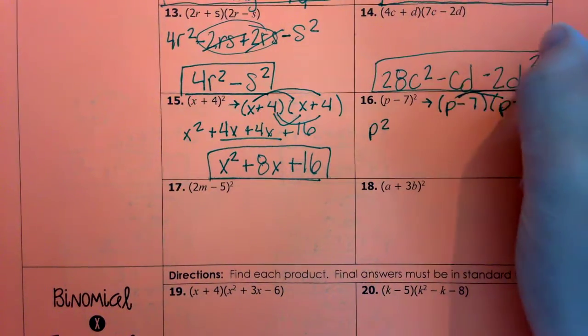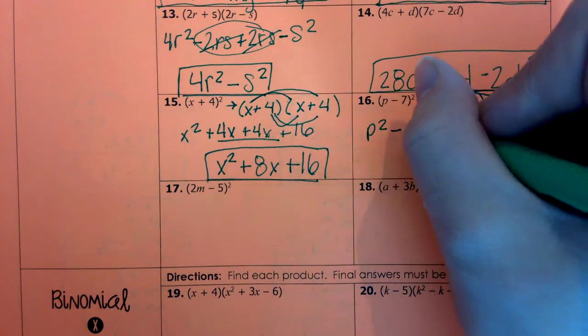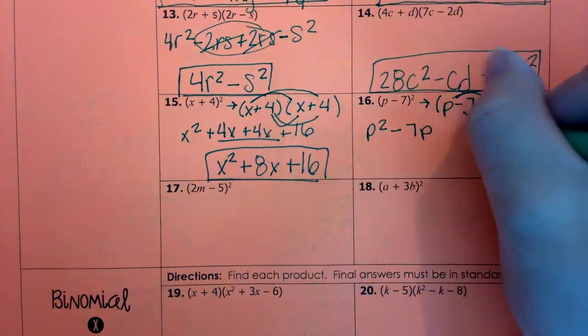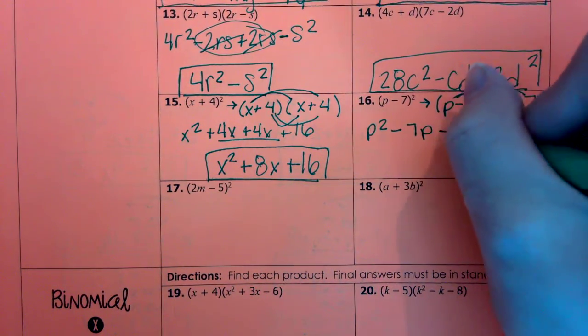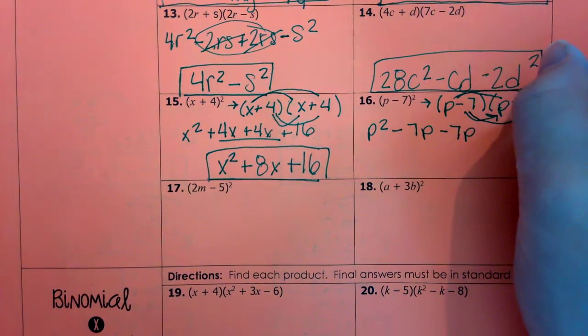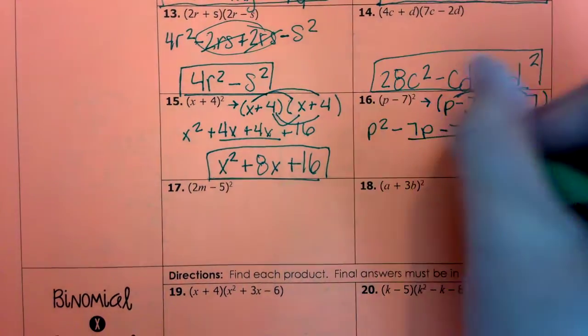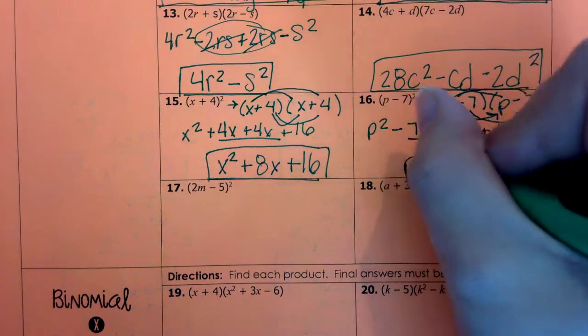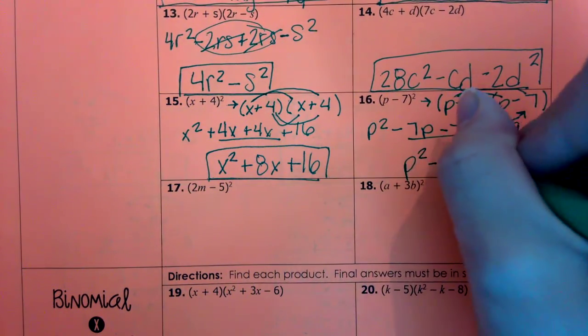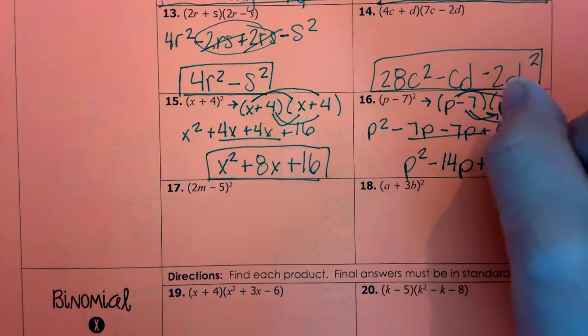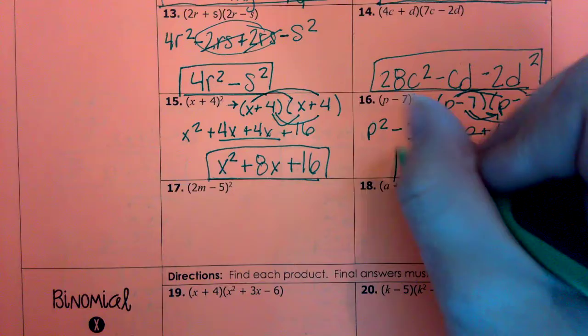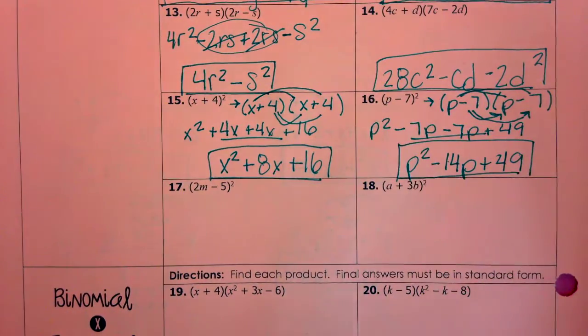P times negative 7 gets me a minus 7p. Negative 7 times p gets me a minus 7p. Negative 7 times negative 7 gets me a positive 49. Combine those like terms, they're both negative, so I have p squared minus 14p plus 49. And that would be your final answer there.